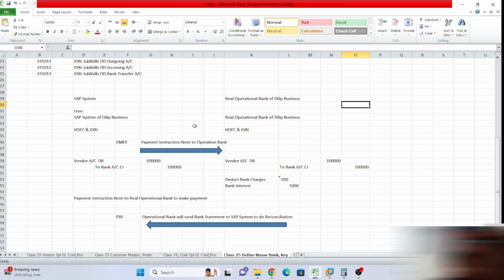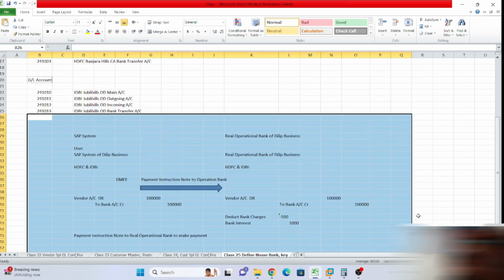Through the interface we will send our DME file to the real operational bank people. Through BCM, bank communication management, the SAP system will communicate to the real operational bank. They will simply download it and do their payment work, and they will also send the EBS in their file format. I will explain that later, but this is the process which happens. So you understood this.